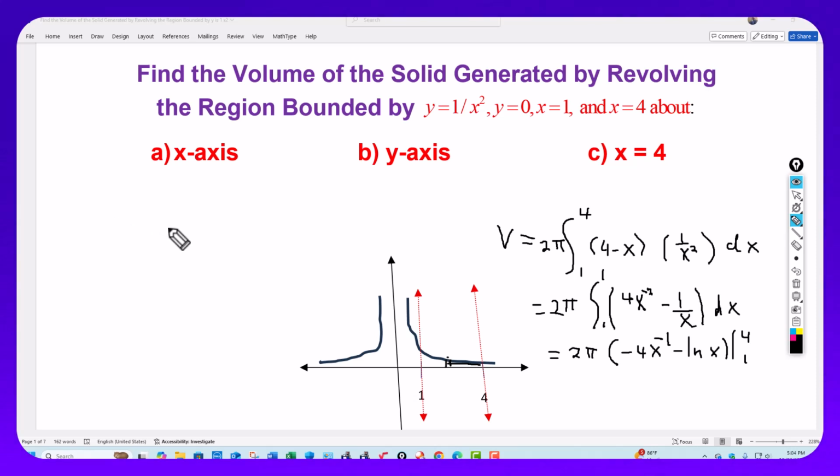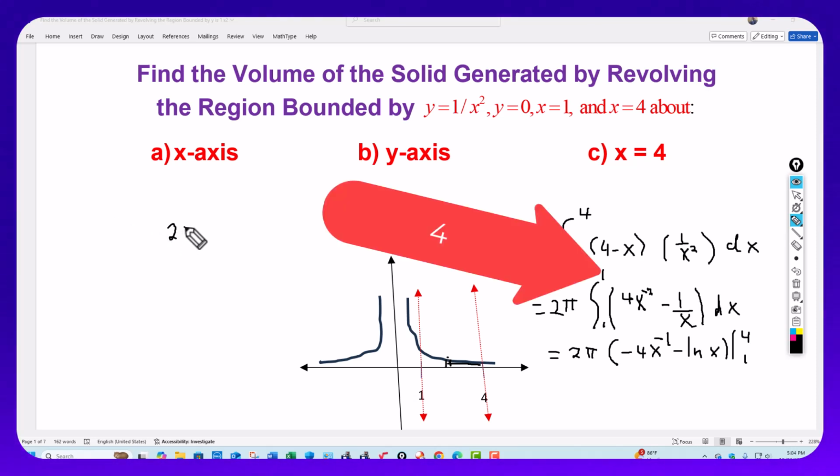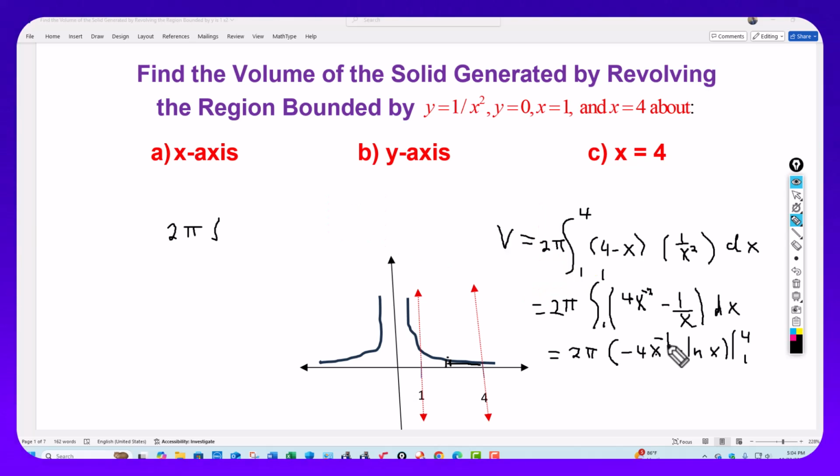So let me put it over here. This would be 2 pi, and I'm evaluating this thing at 4. So put a 4 where the x is. 4 to the negative 1 is 1 over 4, times negative 4. That'll give us a negative 1. And then it's minus ln of 4. Then a minus, okay, so we evaluated the upper limit.